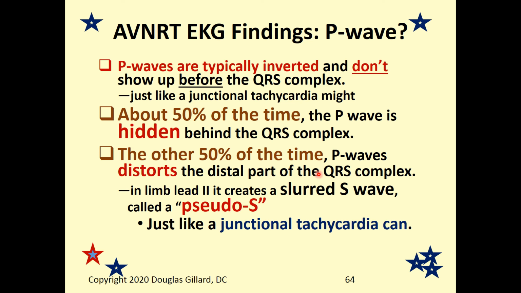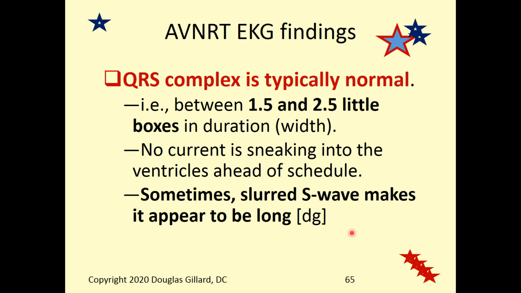The other 50% of the time, the P waves are distorted, causing a pseudo S wave or a slurred S wave. We talked about that with junctional tachycardia. So how can we tell it apart from junctional tachycardia? By the speed. That's what we're going with for our class. The QRS complex is typically normal, so the duration won't be greater than 2.5 little boxes, 2.5 millimeters, or 0.10 seconds, whatever you want to talk about.